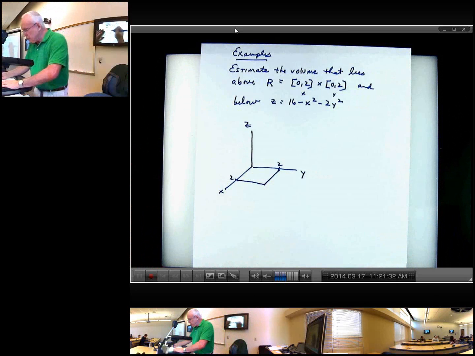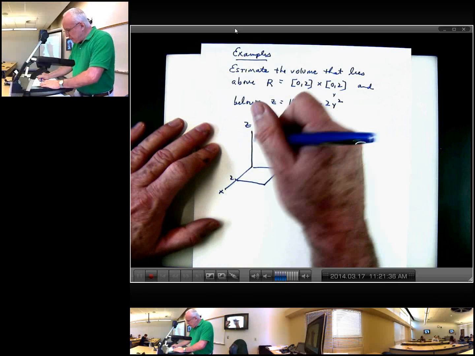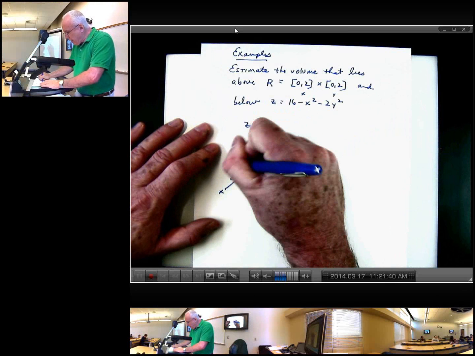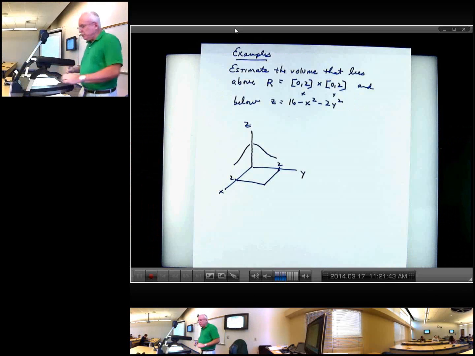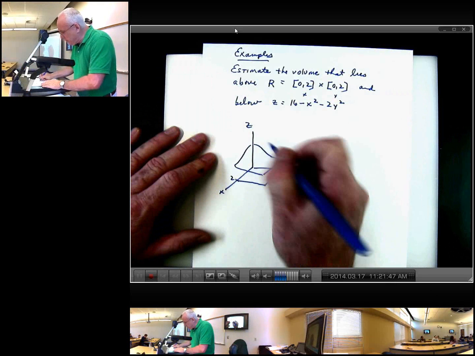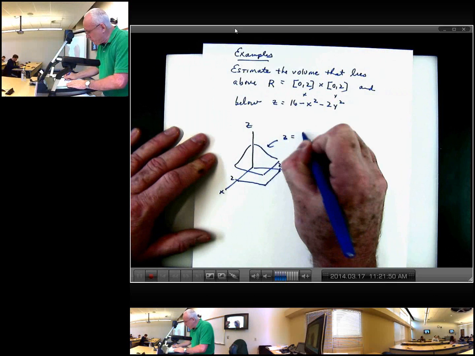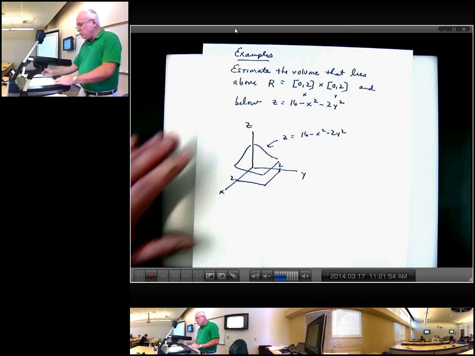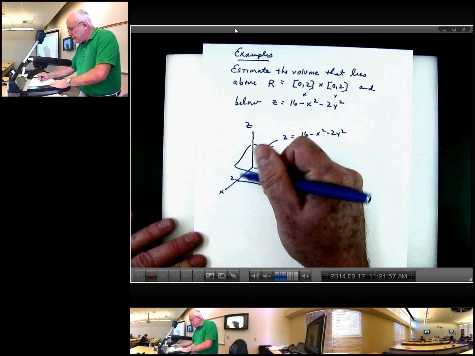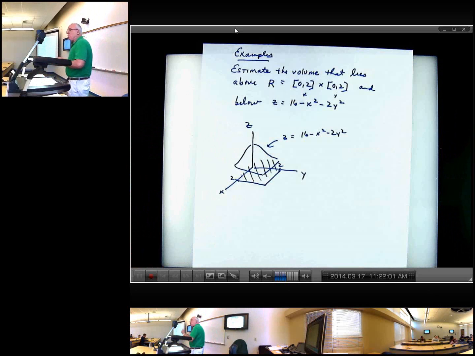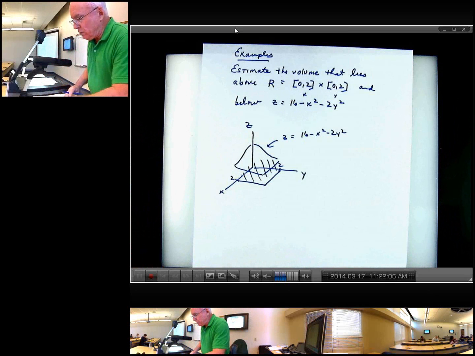And then our function is going to come down as x and y get bigger. This is our function here, z equals 16 minus x squared minus 2y squared. And so we're looking at the volume that's captured underneath that function, but over the rectangle.